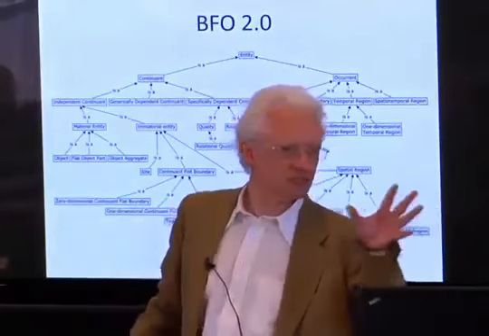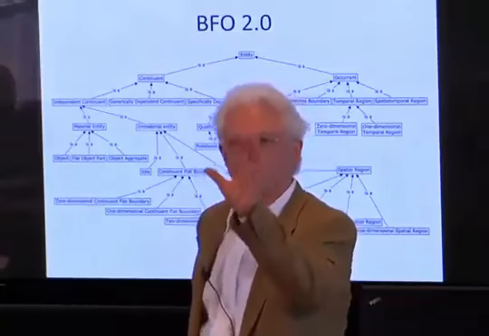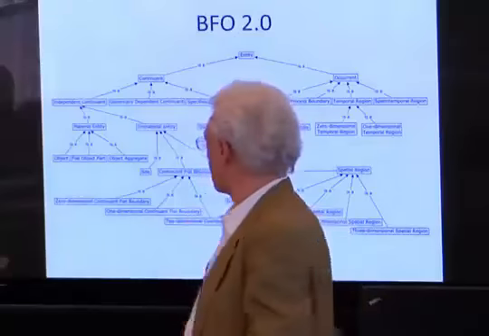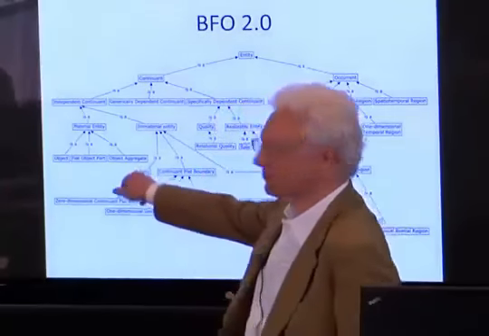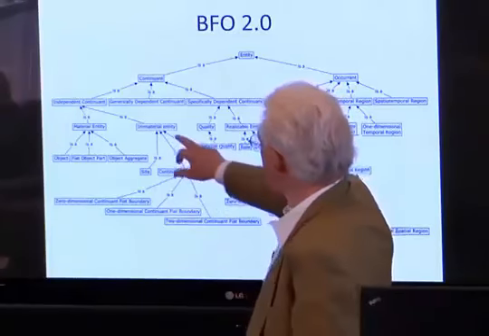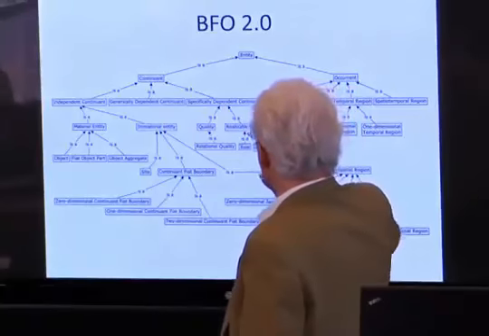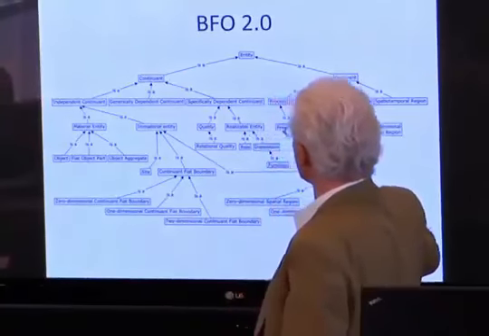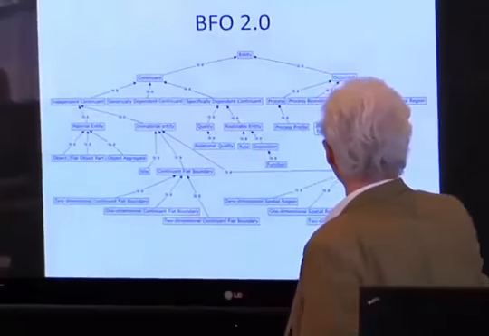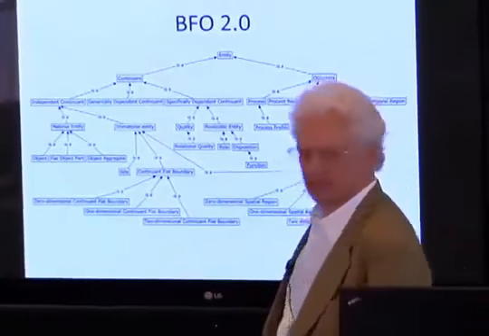I never finished that story, but a mountain is not an object. A mountain as we normally conceive it, as a geologist conceives it, it is an object. An object aggregate would be something like a population or a community. An immaterial entity is a cavity, a site. We talked about that. And then we have roles and we have functions. I'll talk a little bit about roles later on. And I think that's about enough.